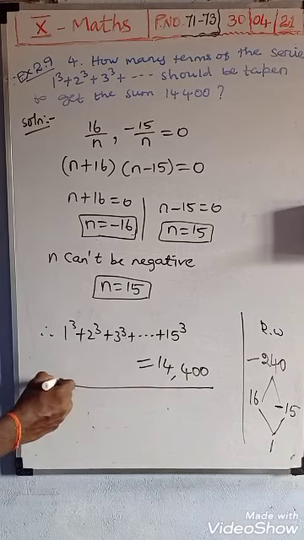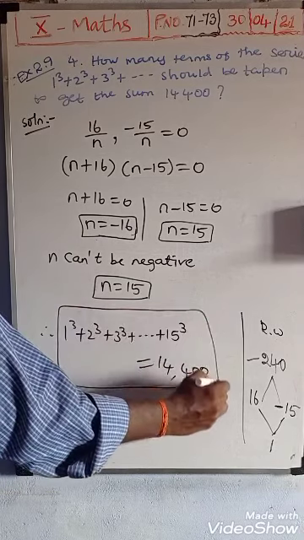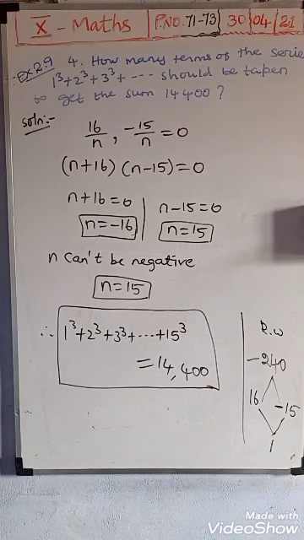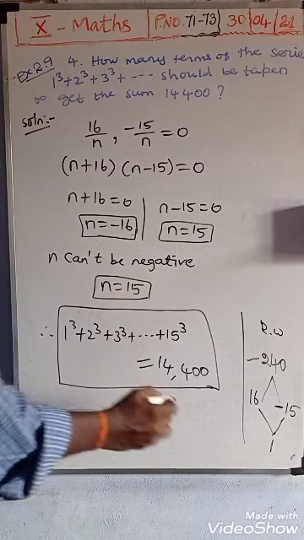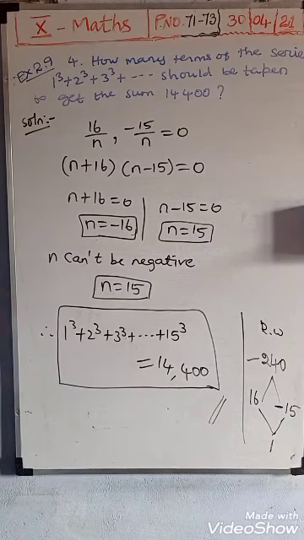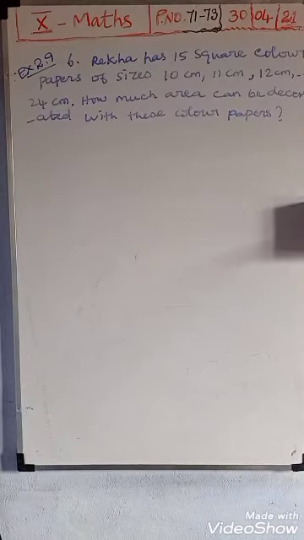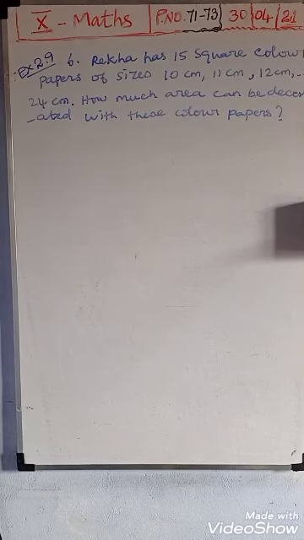The question asked how many terms should be taken to get the sum 14,400. Therefore 15 terms, taking cubes and adding them, gives 14,400. That's all.